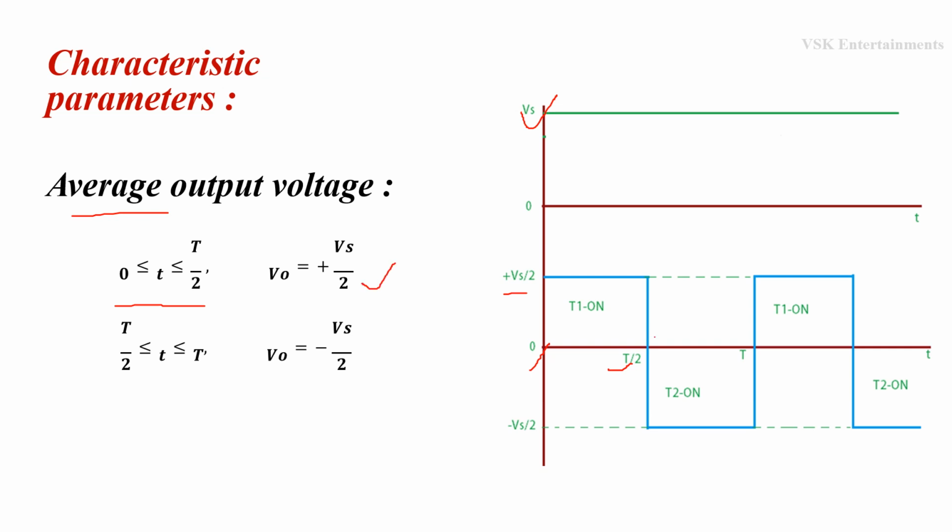Similarly, from T by 2 to T we get minus Vs by 2, that is, T by 2 less than or equal to t less than or equal to T gives V0 equal to minus Vs by 2. These are the output voltages from the waveforms.